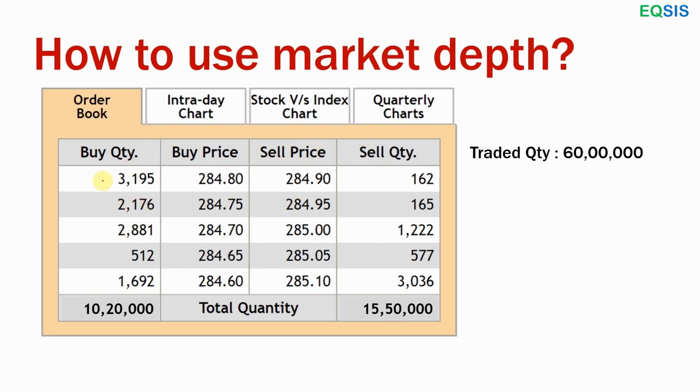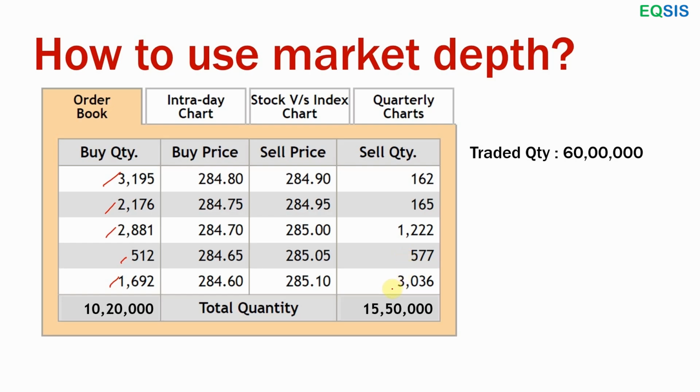So you see there are about 3,000 buyers, another 2,000, another 2,000, another 500, another 1,000. There are so many buyers standing in the queue to buy the shares, but put together there are 10,20,000 buyers standing so far. Likewise, there are 162 sellers, another 165, another 1,222, another 500, another 3,000.